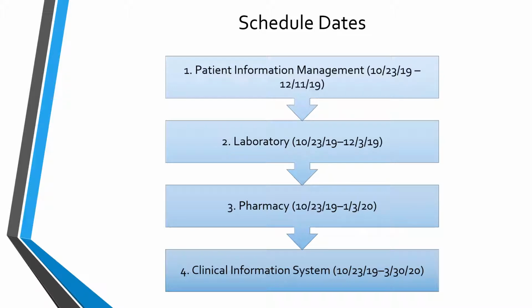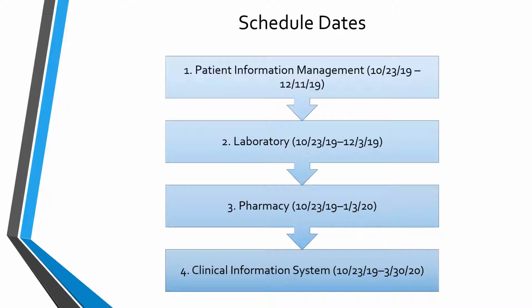After inputting all the high-level and subtasks and appropriately configuring them, the start and end dates of each task will change accordingly. The start date for the first task, Patient Information Management, will start October 23rd, 2019 and continue through December 11th, 2019.